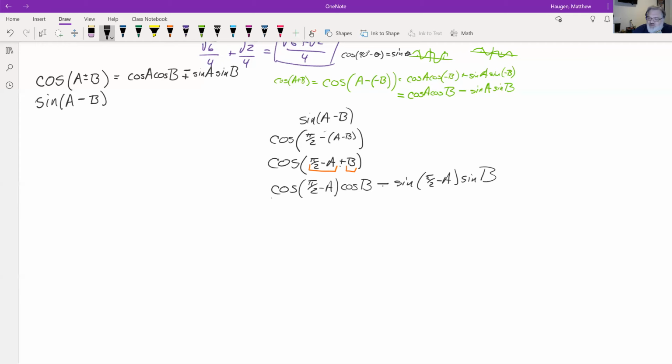But the cosine of pi over 2 minus A, that's the same as the sine of A by our cofunction identities, times the cosine of B minus sine of pi over 2 minus A, that's the cosine of A, times the sine of B.